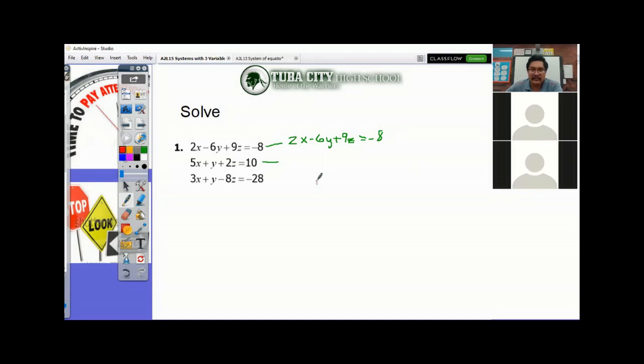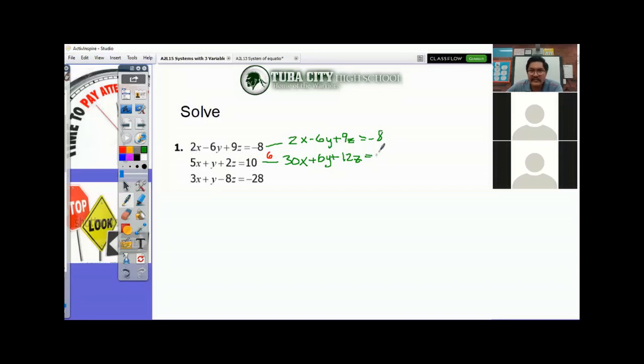Now I'm going to go ahead and get my bottom one, which is my middle one from the originals. And I am going to times it by 6. So I'm going to go ahead and multiply this by 6. So 6 times 5, 6 times Y, 6 times 2, all the way down. So that would be 30x plus 6y. And now it looks like my y is set to eliminate, which is good. That's what I want. 12z equals 10.